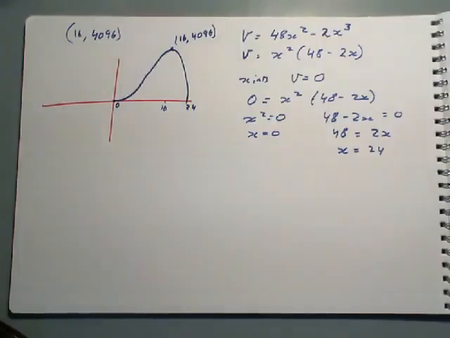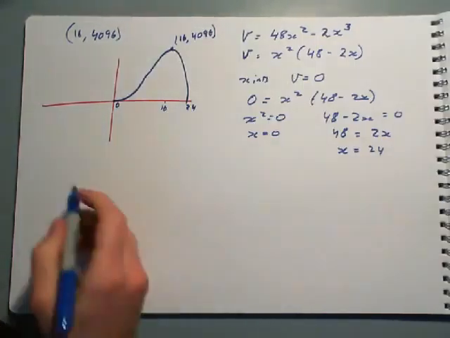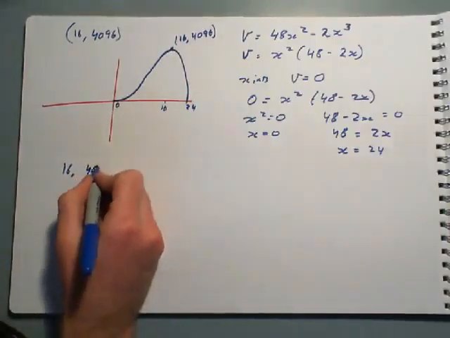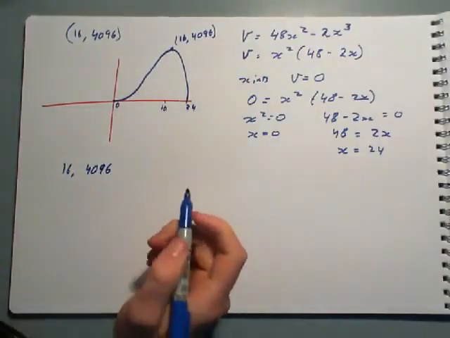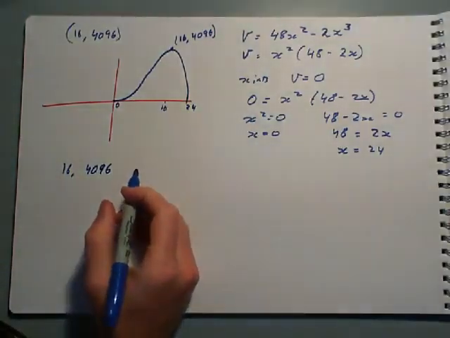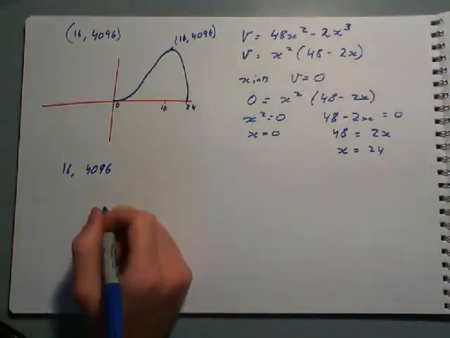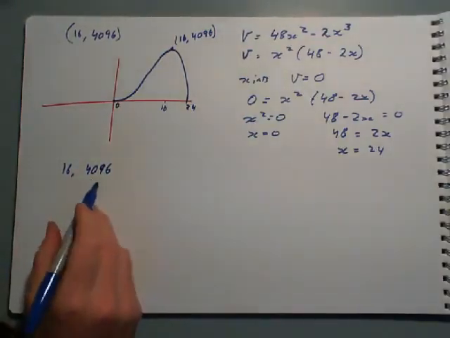Part E says calculate the dimensions of the container with the greatest possible volume. The maximum turning point is (16, 4096). This means that the greatest volume is going to be 4096, and that occurs when x is equal to 16. So what height does it have to be?